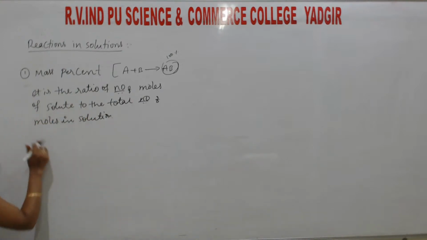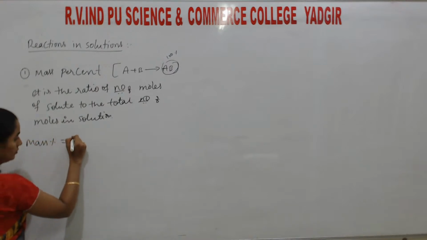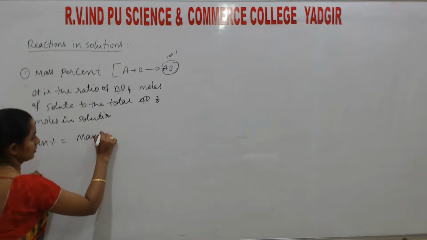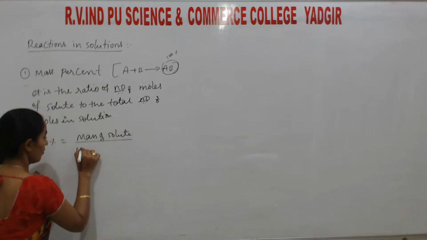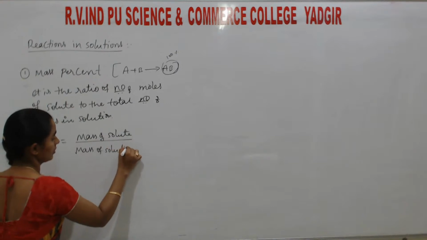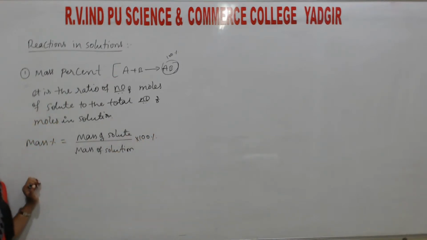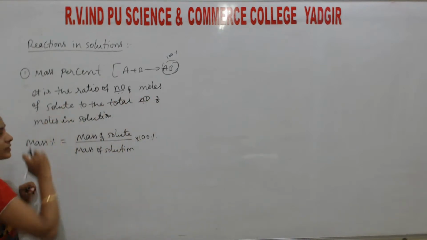Okay. So here students, mass percent is equal to mass of solute divided by mass of solution into 100%. Or you may take, instead of number of moles, you may take mass of solute also.